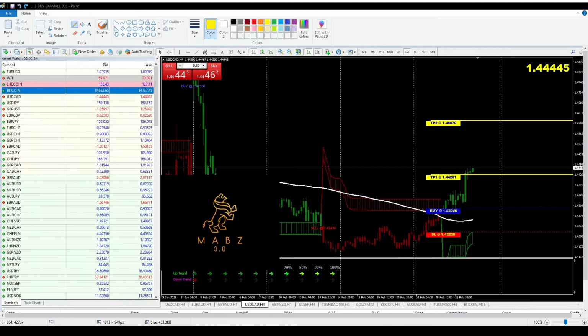The idea behind that is we trade the higher time frame because it gives us the larger picture. When we're trading news, we know the market is going to make very big movements, and when it makes big movements, we need to have bigger targets. That's the reason why, when there is a news event, we use the higher time frames.